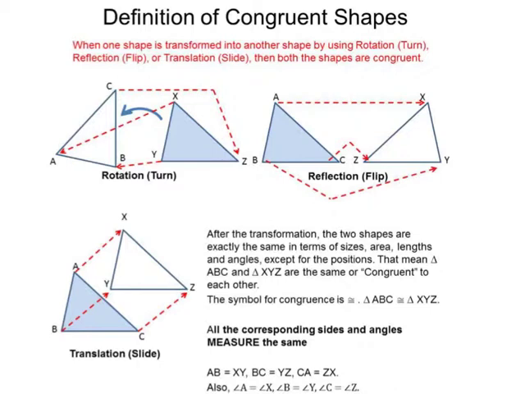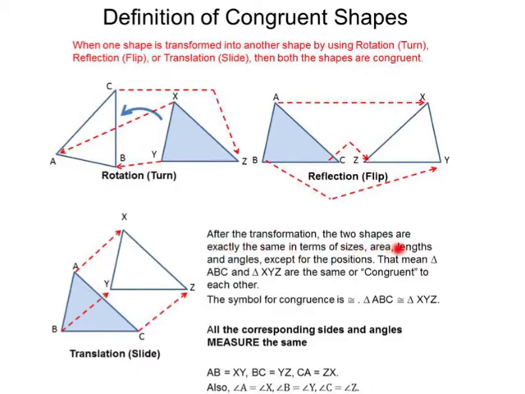Alright, so what is the definition technically of a congruent shape? When one shape is transformed into another by using one of these methods: rotation, which is a turn, reflection, which is a flip over, or translation, which is simply a slide from one place to another. Then, if you can do that, then both the shapes are congruent.